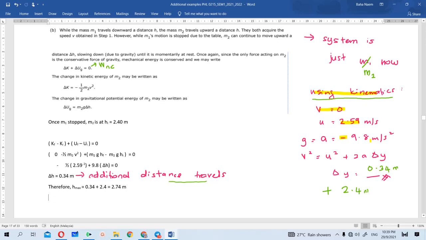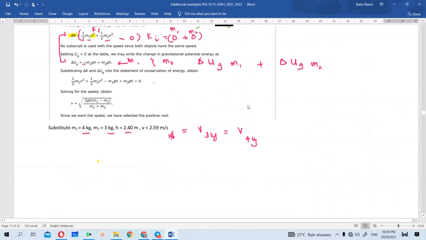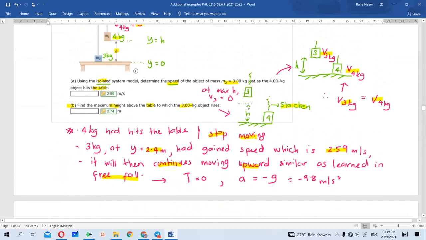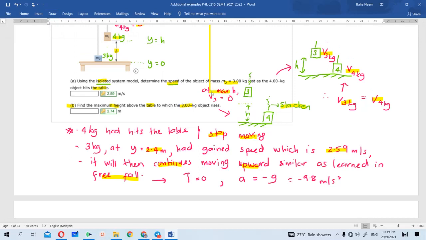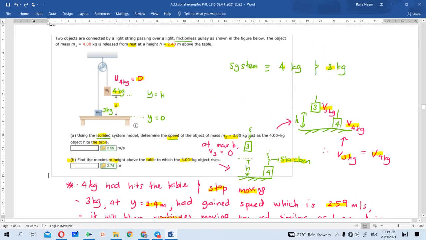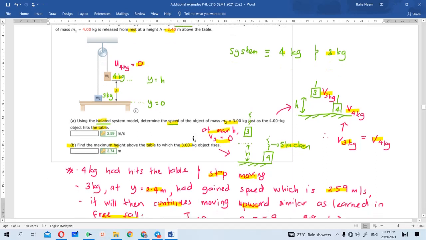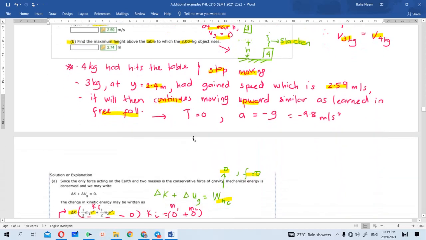So look at the kinetic energy. You find that by the time the object reaches, okay, let's look at the picture, the maximum height, its V would be 0.